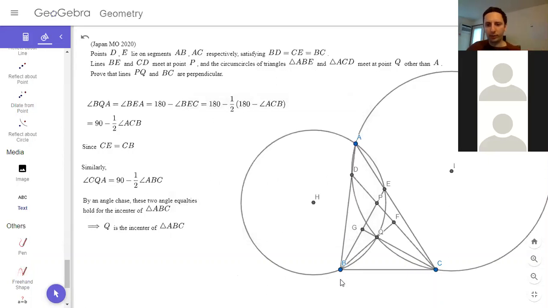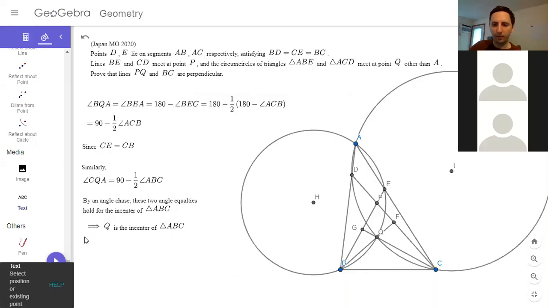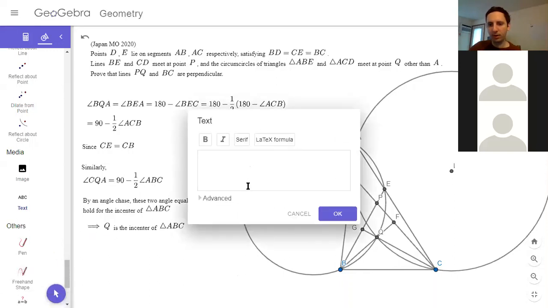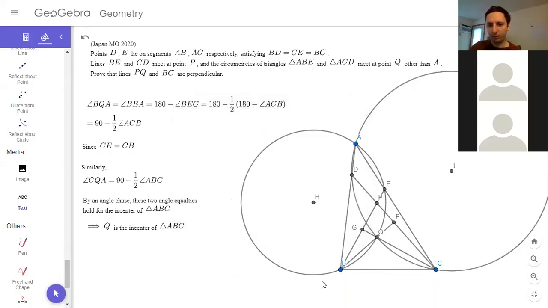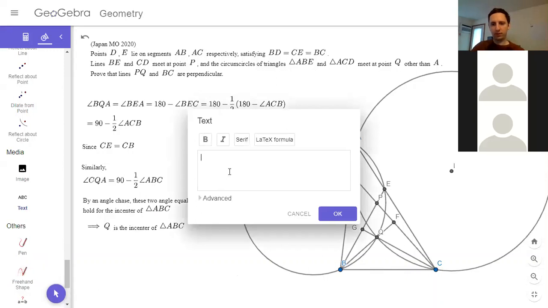And once we know that, then we can show Q is the orthocenter of PBC. So BD equals BC. Right?